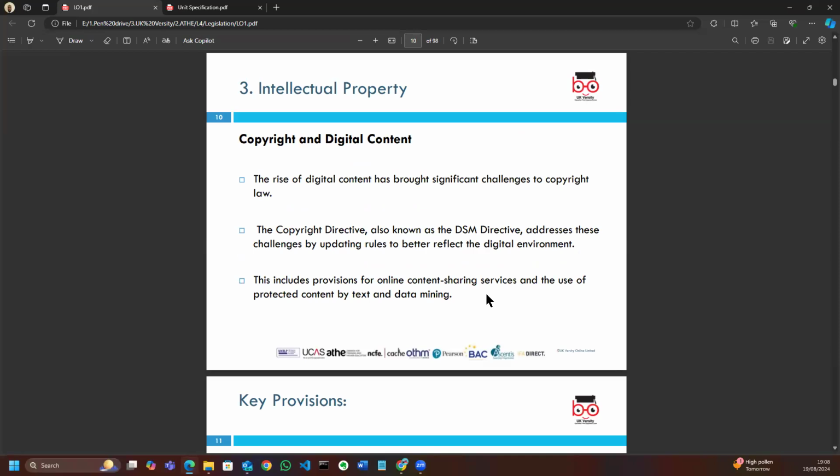Then we have intellectual property, which is related to copyright and digital content, where people own these assets by declaring that this is their own trademark, that they legally own this. The Copyright Directive, also known as the DSM Directive, addresses these challenges by updating rules to better reflect the digital environment.